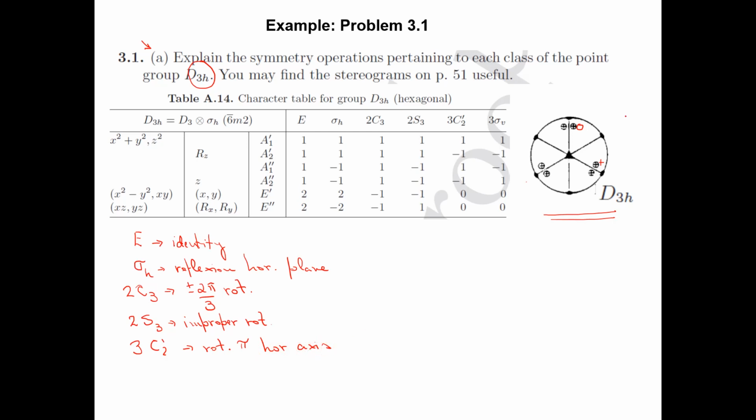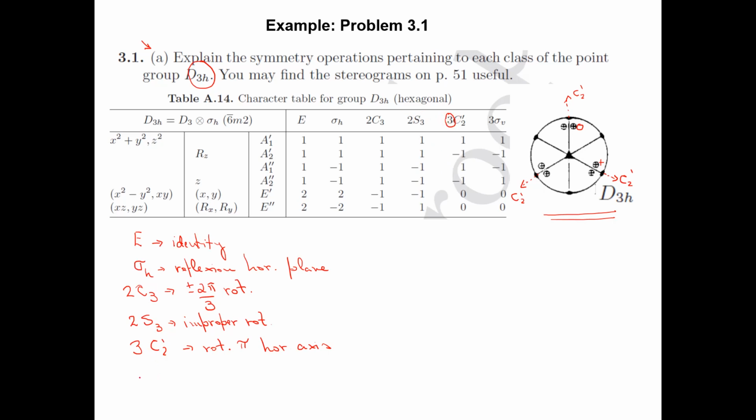Instead of rotating through the main symmetry axis, you have this C2 prime. If you rotate by pi, you see that the molecule goes into itself. You have 3 of those, and that's why you have the number 3, the number of elements in this class.